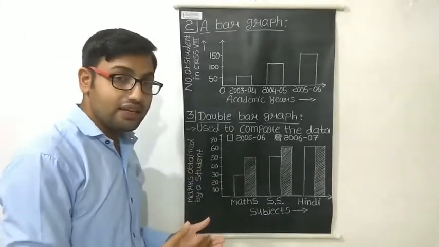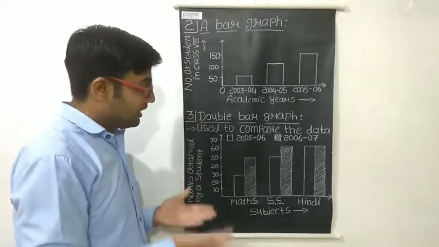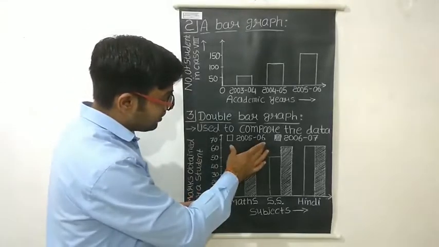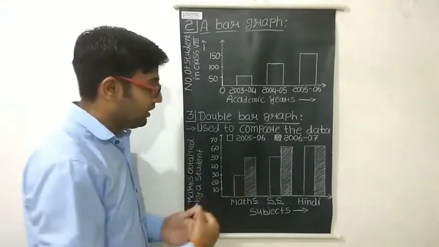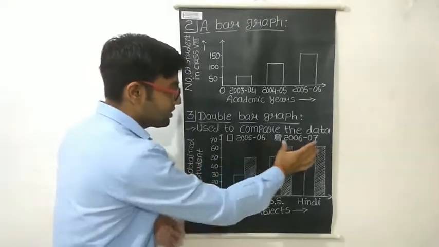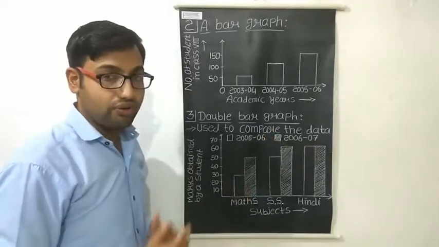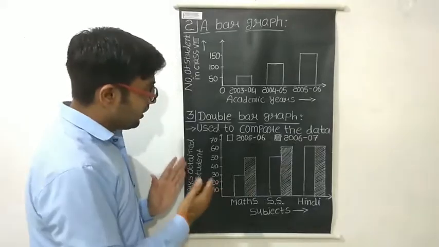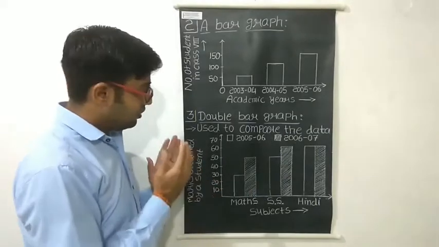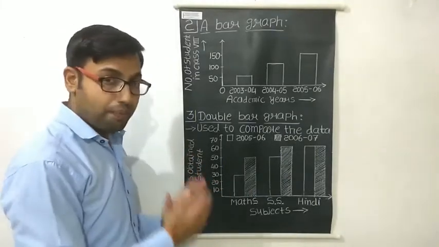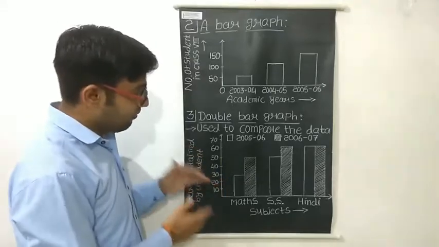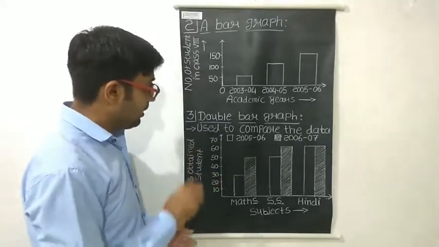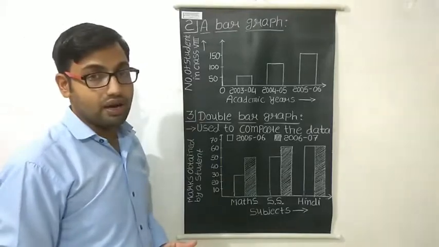That means in Hindi he or she has equal marks in standard 7 and 8, or in academic years 2005 to 2006 and 2006 to 2007. So this is how we compare two quantities. Whenever we have to compare data, we can use the double bar graph.